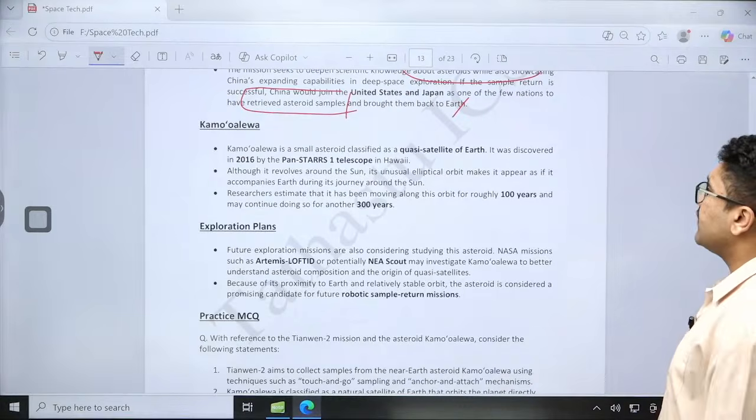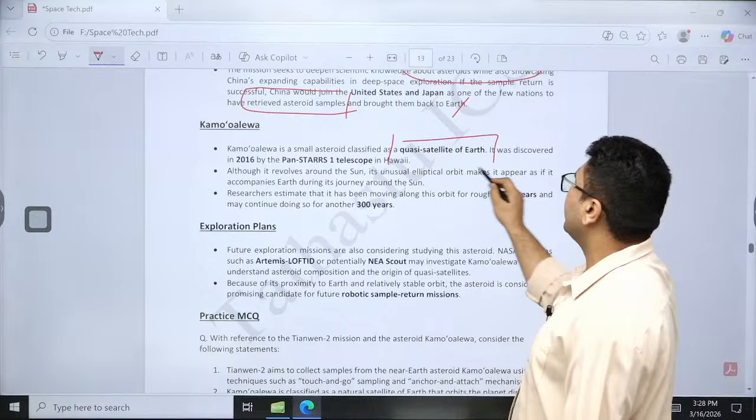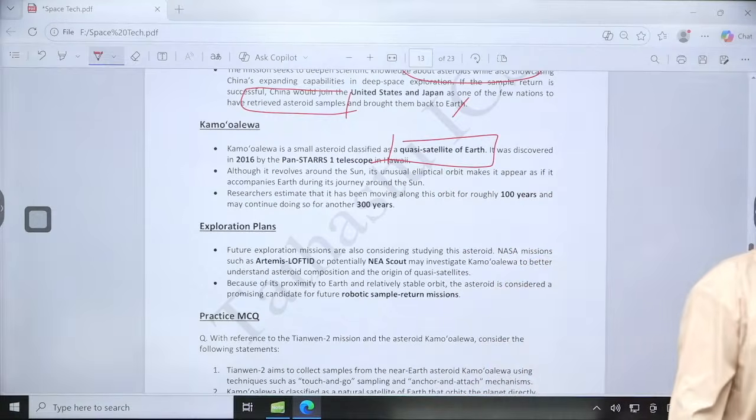What is this asteroid? It is a small asteroid classified as a quasi-satellite of the Earth. What is a quasi-satellite of the Earth? A satellite of the Earth is any object that is revolving around the Earth. Quasi-satellite means it is not revolving around the Earth, but for some time it comes into the path of Earth and starts revolving around the Earth for a temporary period of time. Therefore, it is known as a quasi-satellite.